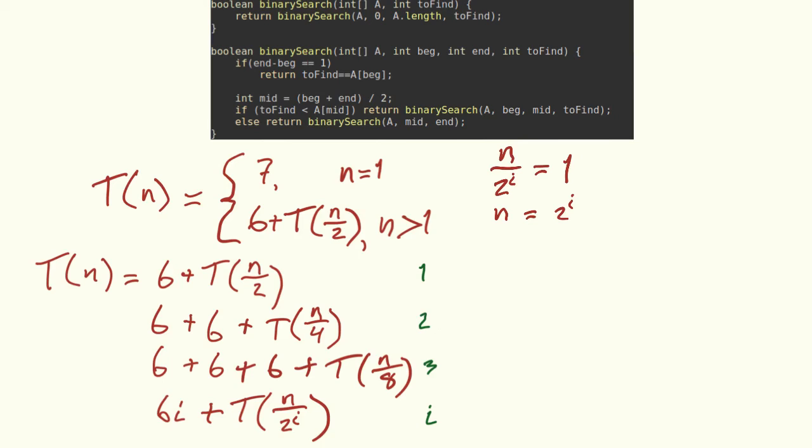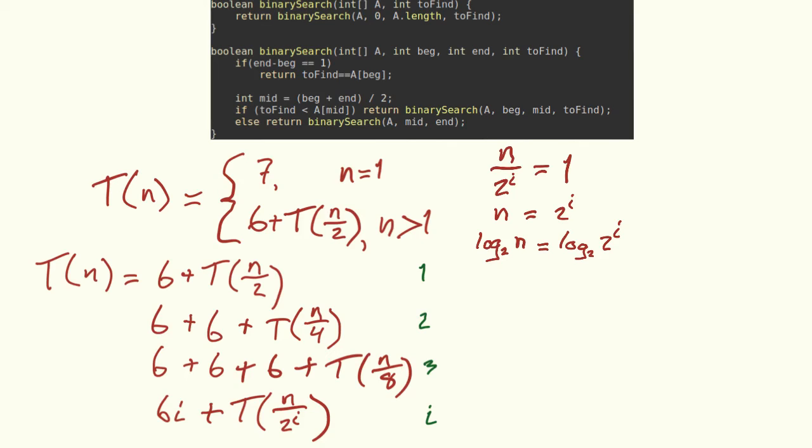still more algebra, but a little faster, a little more advanced, we take the log base 2 of both sides. So we've got log base 2 of n equals log base 2 of 2 to the i.